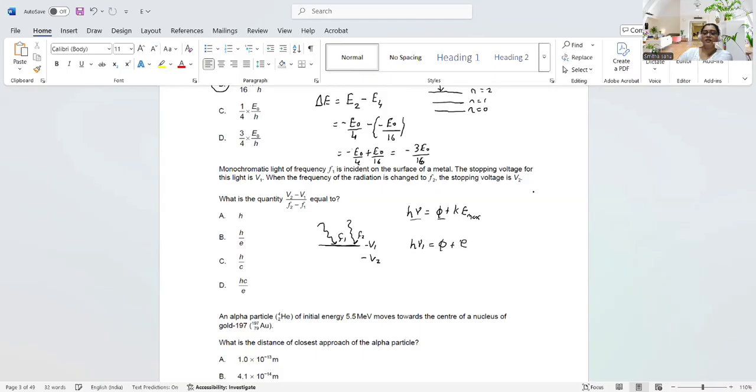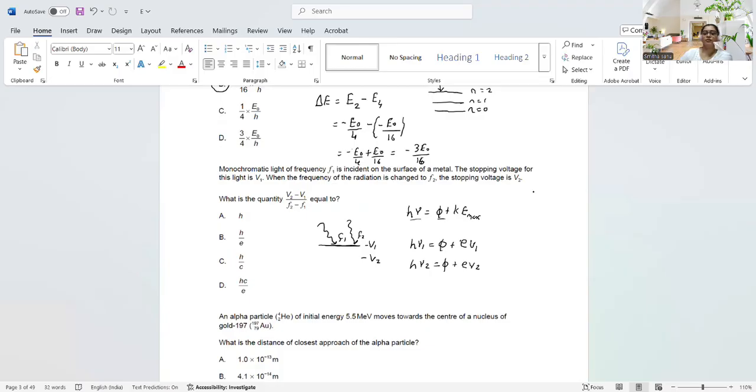That is eV1. Same way, h nu 2 should be the work function plus eV2.